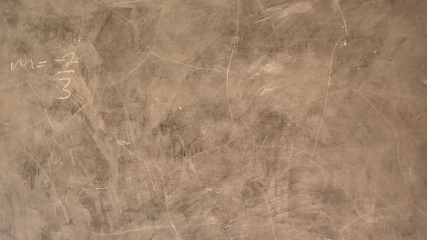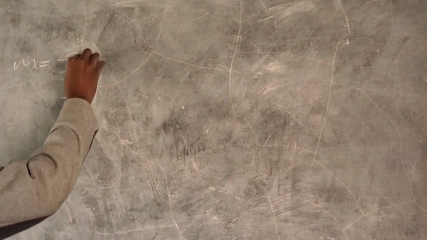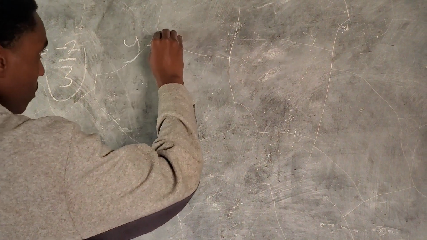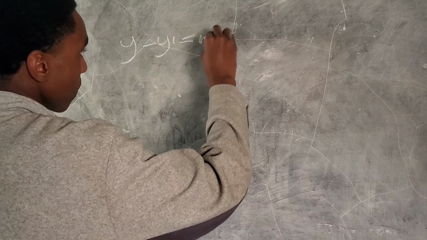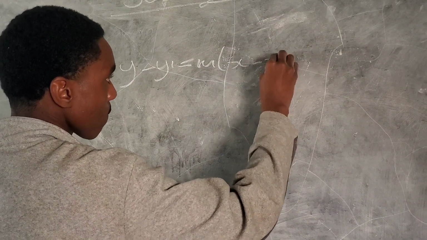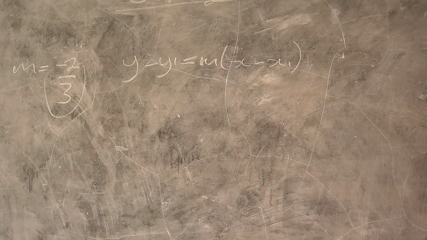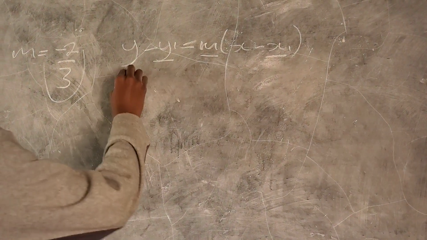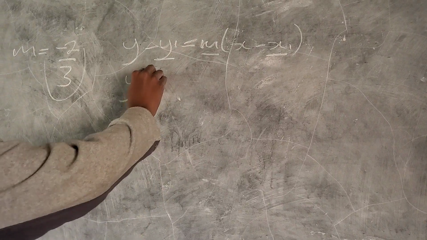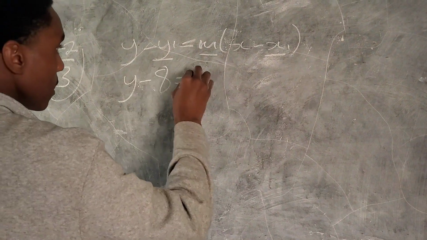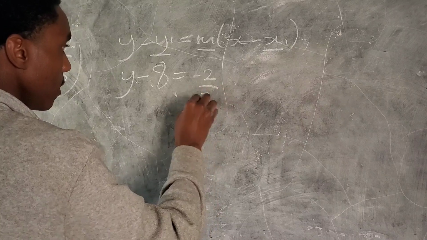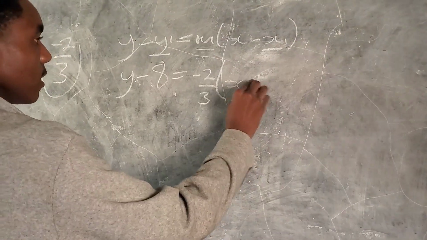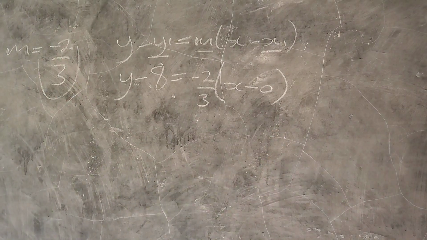So you remember we found our gradient, which is negative 2 over 3. It's this one. So now we write down our formula here. Then we start to replace these values only. It's going to be y minus 8 equals negative 2 over 3, open brackets, x minus 0.